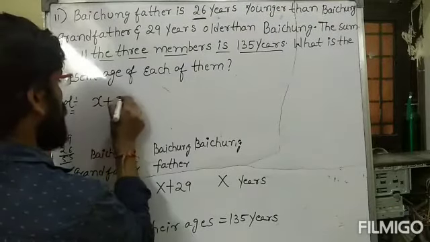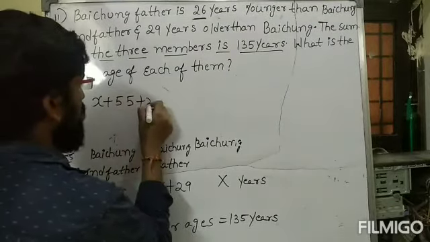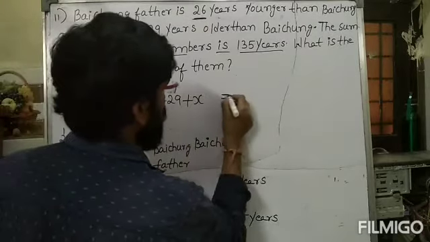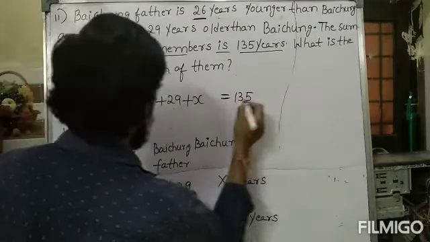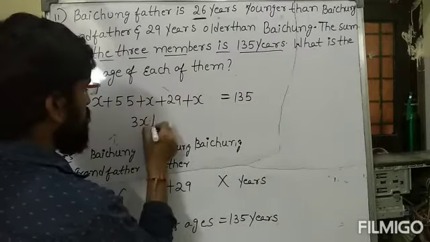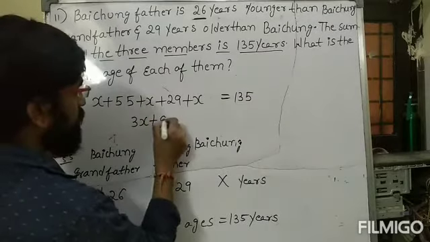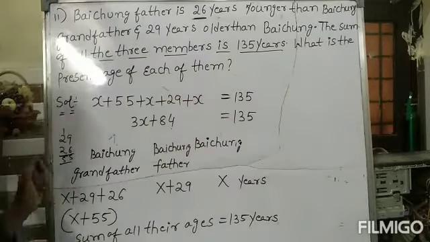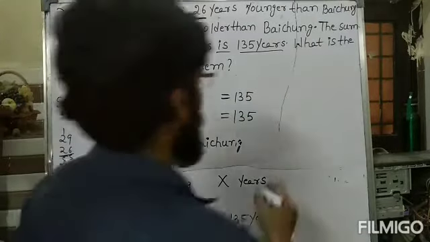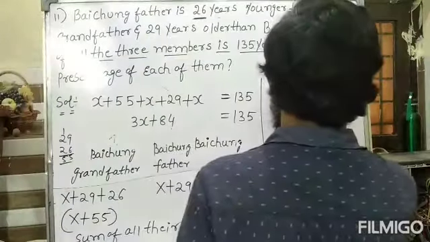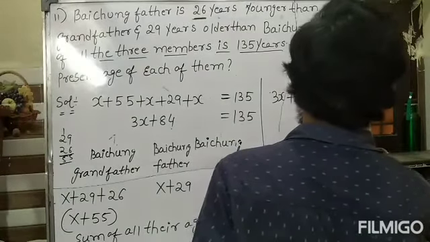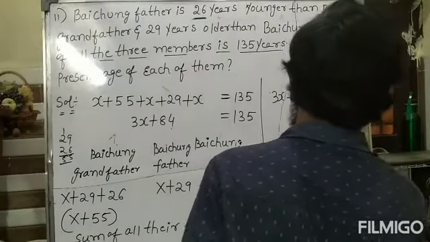X plus 55 plus X plus 29 plus X is equal to 135. That is 3X plus 84 is equal to 135.